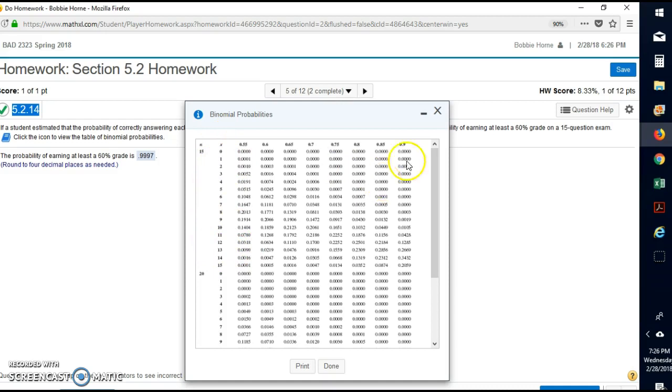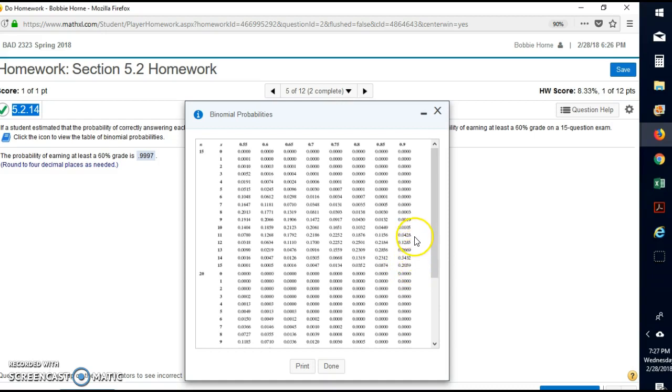Then we want to come over to 0.90, and we want to add 0.0019, that would be the probability of x equals 9, and then the probability of x equals 10 is 0.0105, and 11 is 0.0428, and the probability of getting 12 questions right is 0.1285, and then the probability of getting 13 questions right is 0.2669, 0.3432, and then 0.2059.